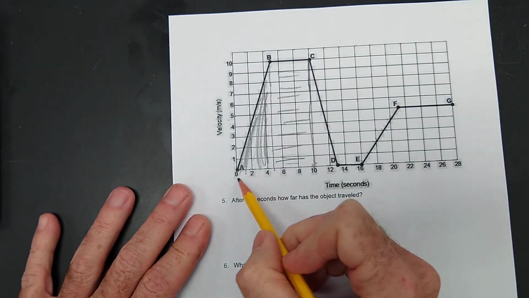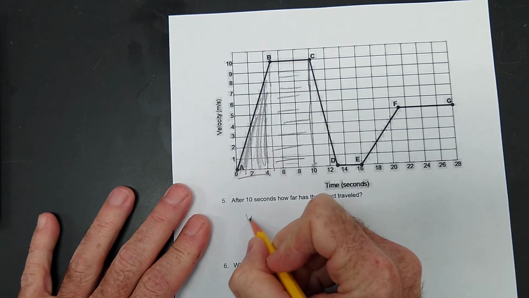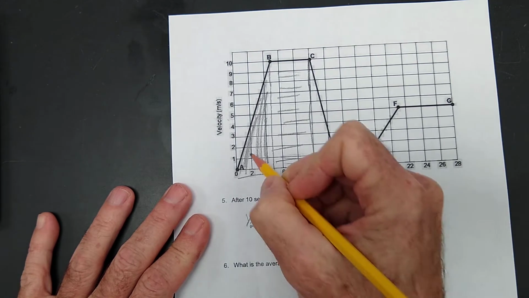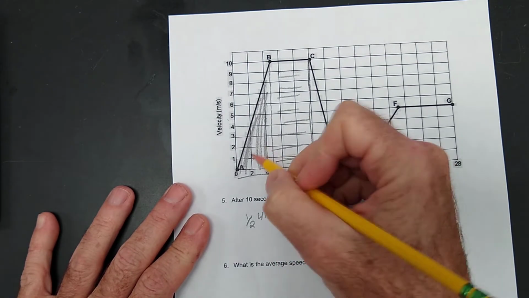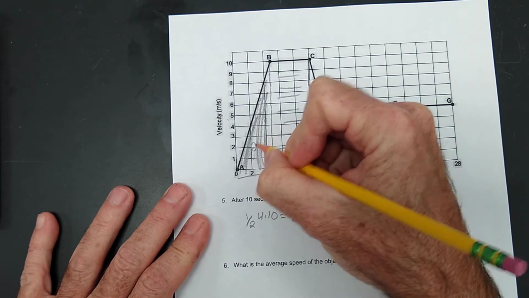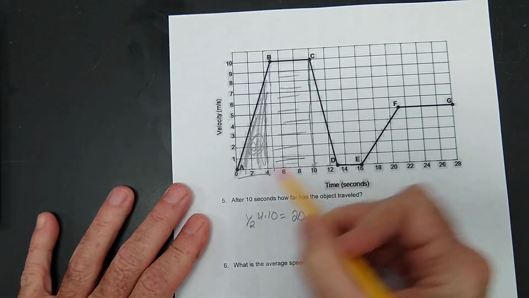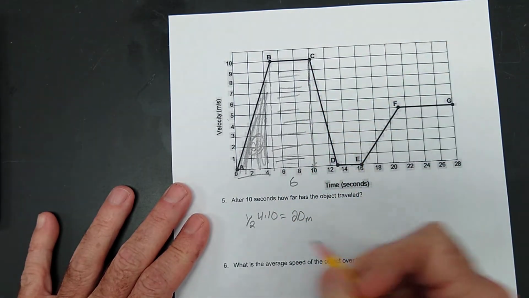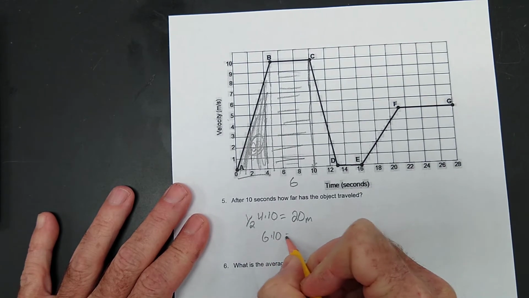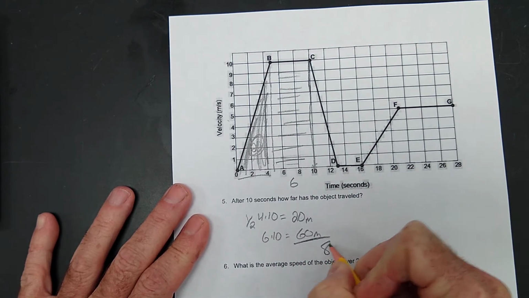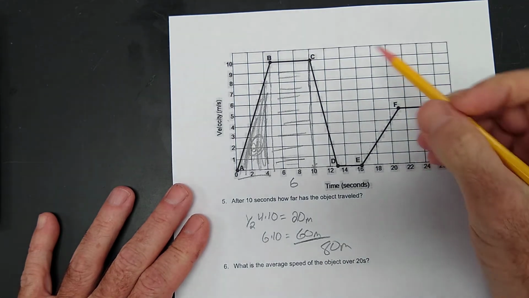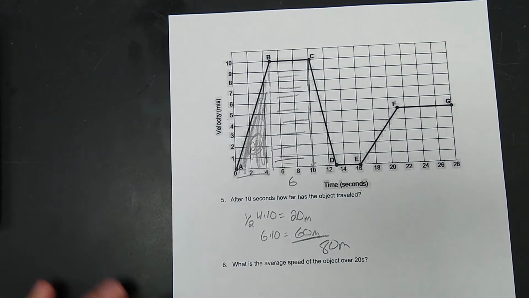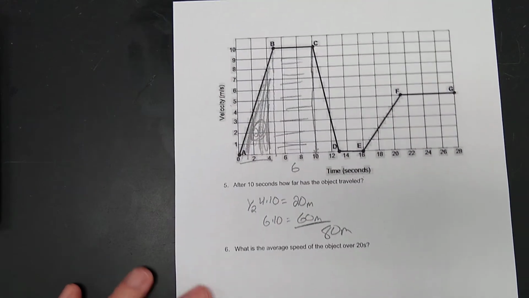The triangle is 4 by 10, so 1/2, 4 times 10, so that's going to give 20 meters for this area, all right? 20 meters. And then for this area, it goes from 4 to 10, so that's 6 by 10. So 6 times 10, that's a square, 60 meters. 80 meters total is how far it's traveled in 10 seconds. Things moving pretty quick, isn't it? 8 meters per second, I guess.